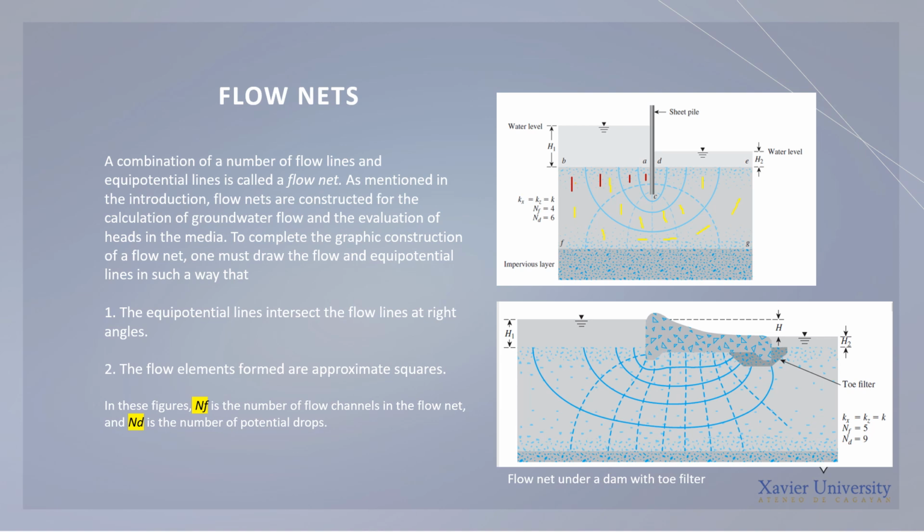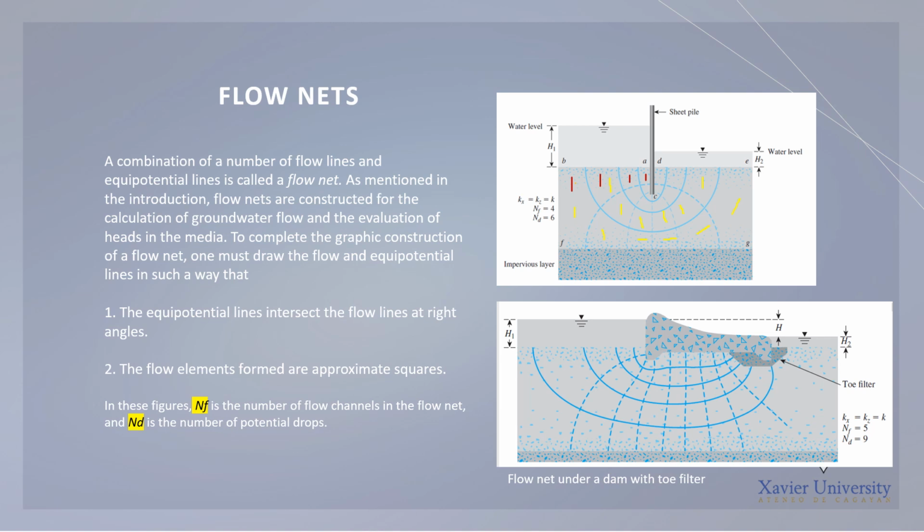In this case, our flow net is already drawn, wherein we have already drawn our flow lines and the equipotential lines. In some cases, we might need to draw or construct our flow lines and equipotential lines, and there are also cases where they are already made. So all we have to do is count the NF and the ND and then perform the calculation needed.